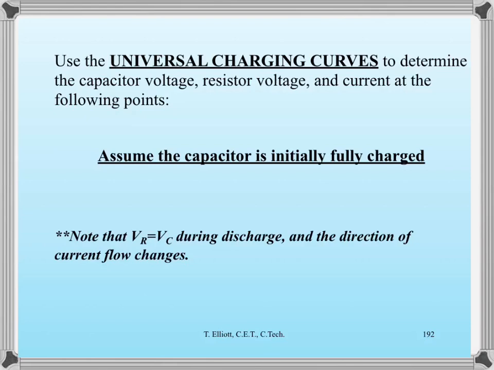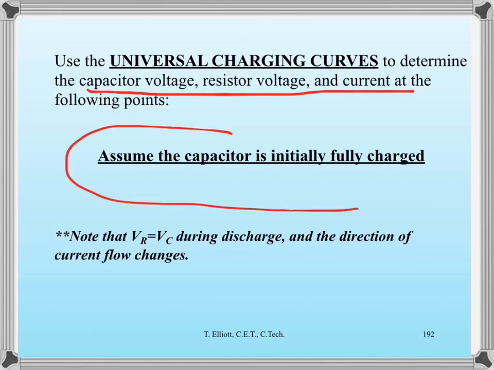Use the universal curves to determine the capacitor voltage, resistor voltage, and the current at various points along the curve, the same as we did for the charging. And we're going to assume that the capacitor is initially fully charged, so we know we have a good solid known starting point.